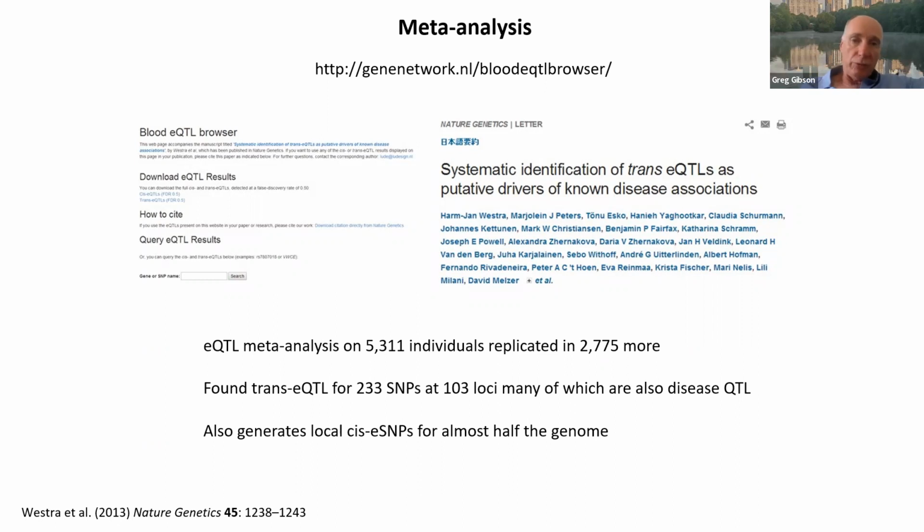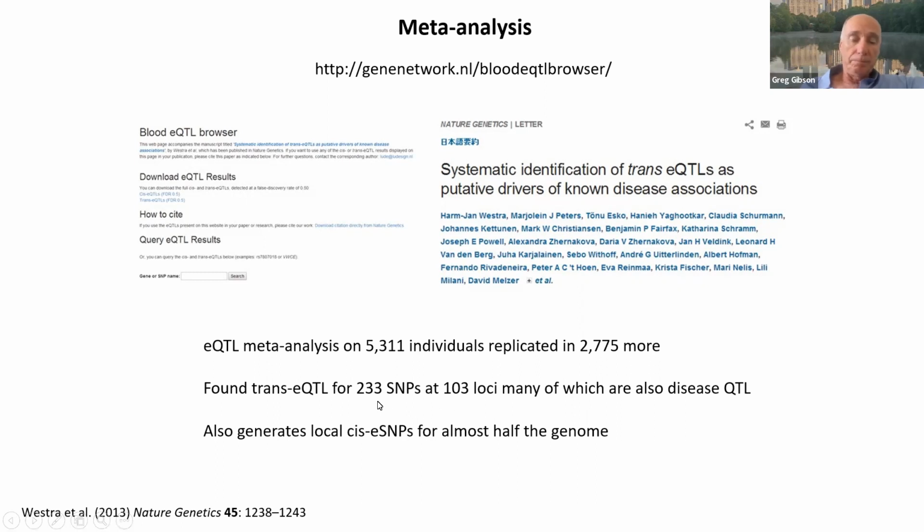So now we've gone up to 5,000, and you've got cis SNPs for almost half the genome, so 5,000 cis eQTL, and you even had 233 trans eQTL, so variants that at a genome-wide significance level, so 10 to the -8, are regulating, in this case, as many as 103 different loci.